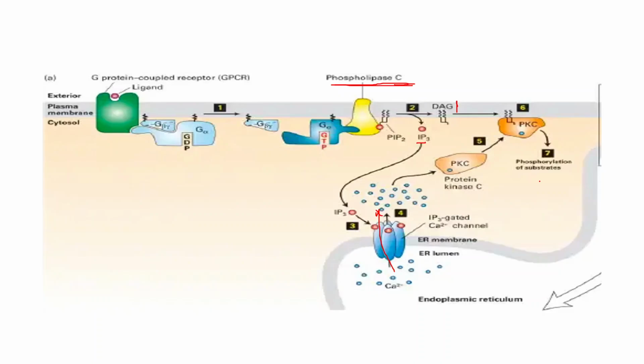So these two types of secondary messenger can be activated through the G protein coupled receptor when phospholipase C is the effector molecule.